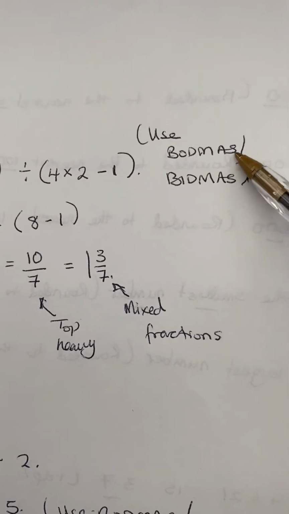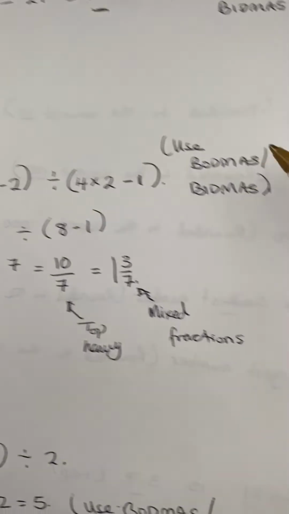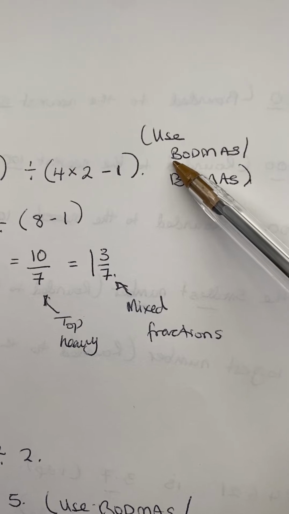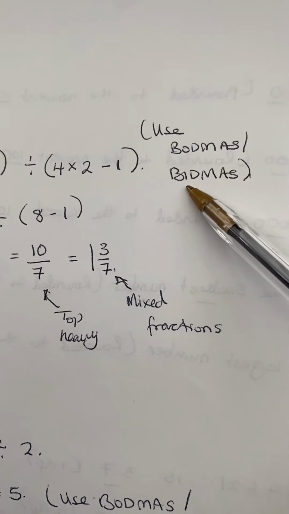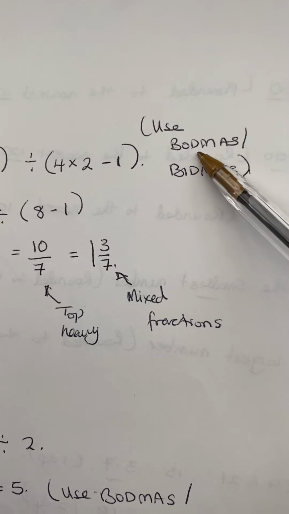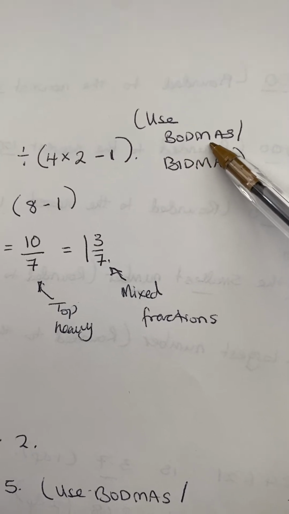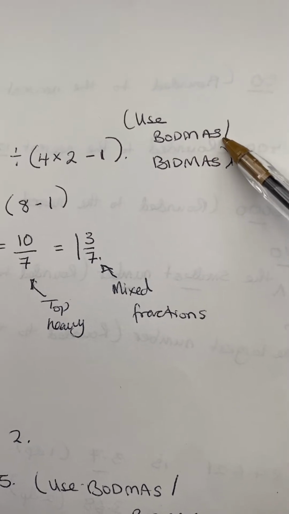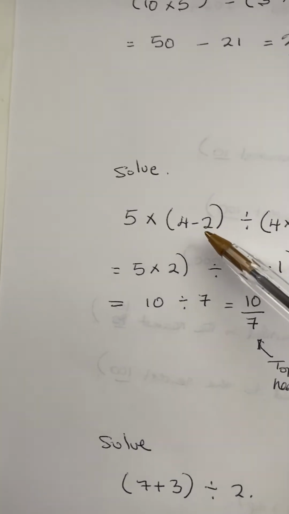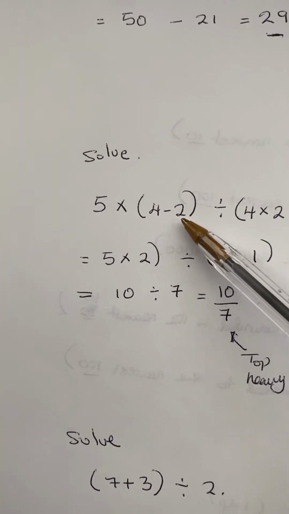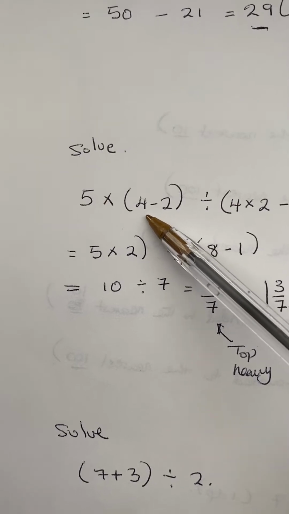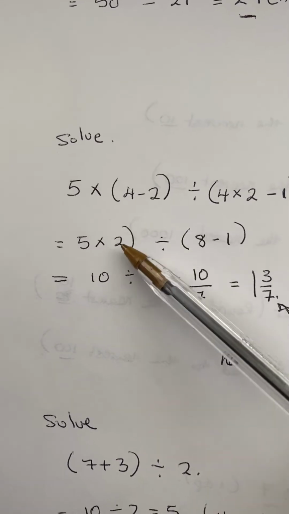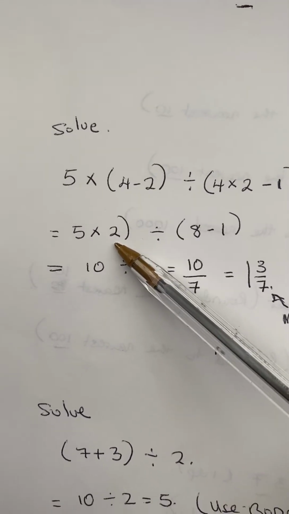If you are not familiar with it and you see a question like this, just write BODMAS on the side: B for brackets, O for of or I for indices, D for division, M for multiplication, A for addition, S for subtraction. So now we need to look at the bracket first. Here this bracket is 4 minus 2, which is 2. So you have 5 times 2 here. You put it there.